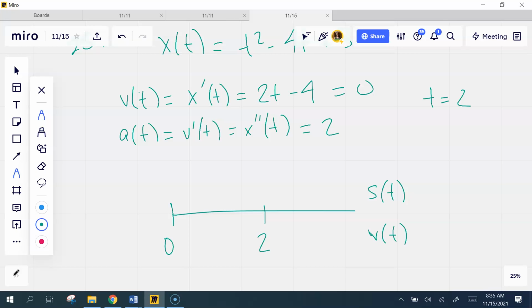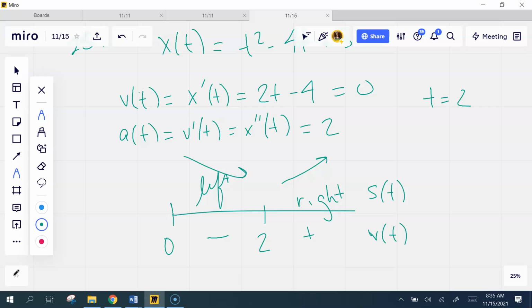If I plug in 1, 2 minus 4 is negative, which tells me my position is moving to the left. So when it's negative, it's decreasing the position. Decreasing means I'm moving to the left. And then, how about past that? Positive, which means I'm moving to the right.